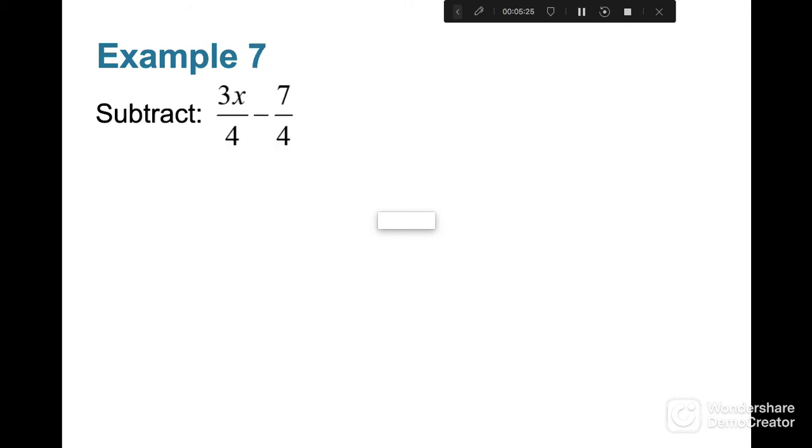Here I have 3x over 4 minus 7 over 4. Subtract those straight across. Are 3x and 7 like terms? Can I combine those? I cannot. My 3x has to stay separate from my 7. So I end up with 3x minus 7, and that's just how I have to leave it.